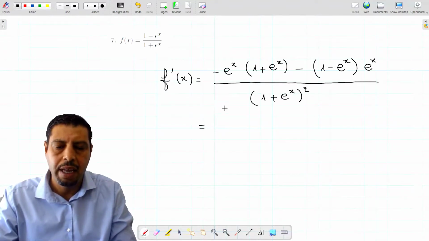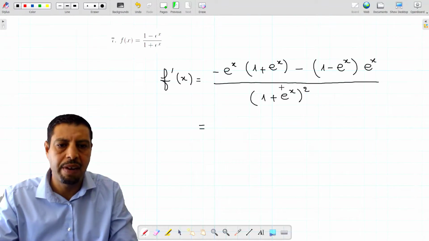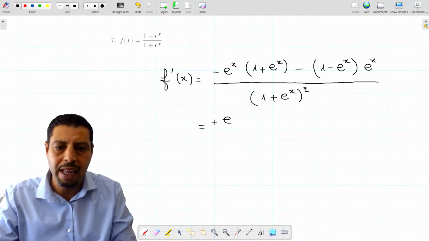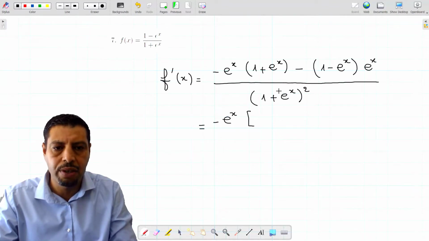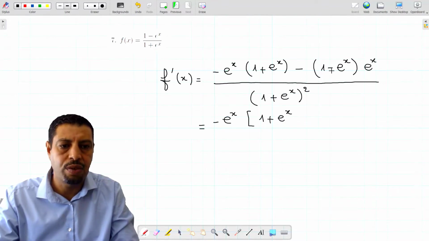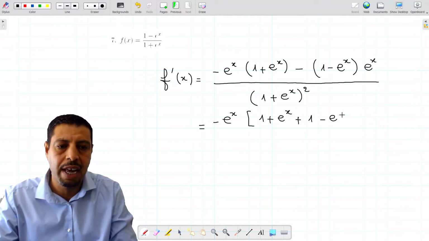We can here expand and simplify, or put the exponential x as a factor, okay? I will put exponential x as a factor. We can put negative exponential x as a factor, so the remaining quantity in the first term is 1 plus exponential x. The remaining quantity in the second term is 1 minus exponential x, plus 1 minus exponential x.